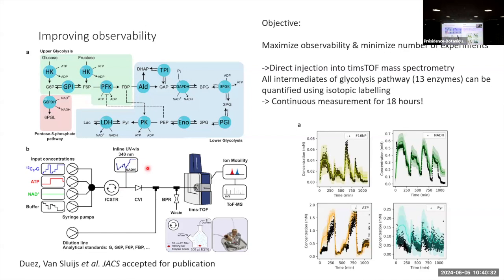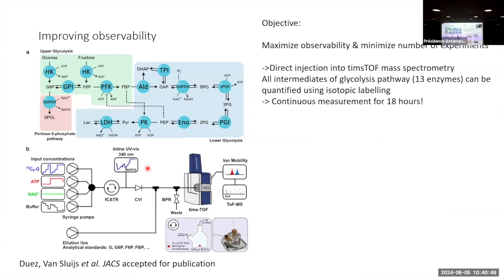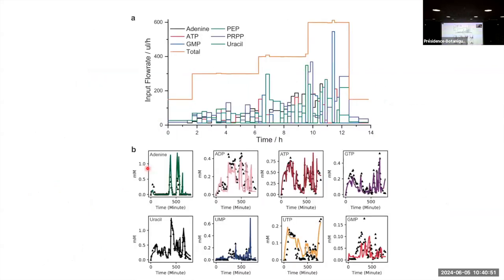Have you really observed that just by measuring a few, not all of the concentrations, that you have enough observability to estimate the parameters? Because in your case, you have all the measurements. I'm wondering, did you try to estimate the parameters without using certain measurements? Because some of them might be redundant.